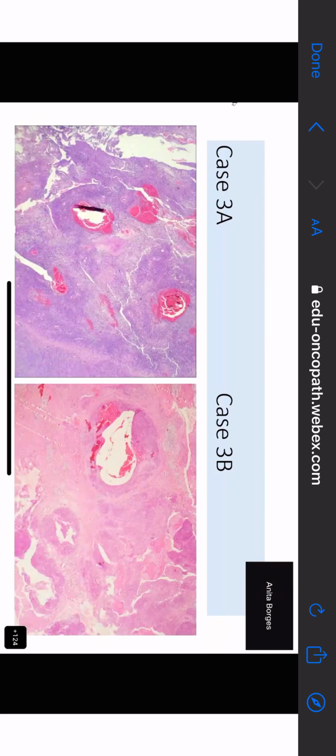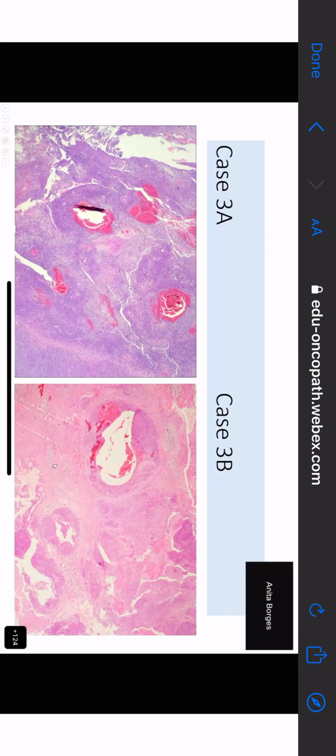Now you can see the similarities, right? Which you said that there are some dilated spaces filled with blood. Is that really observationally correct? Yes, ma'am. It's filled with blood, so I'm thinking it's a blood vessel. Okay, so you think that these are blood vessels because they are filled with blood.